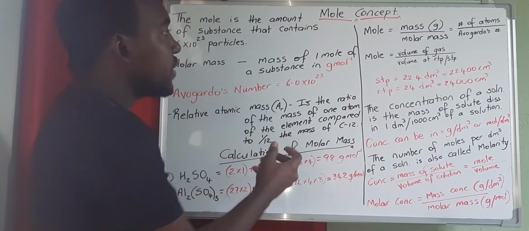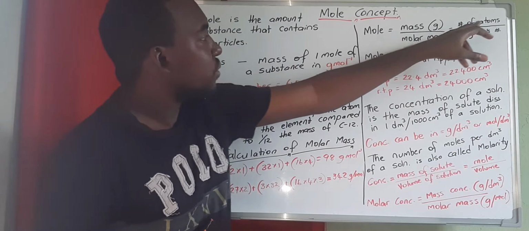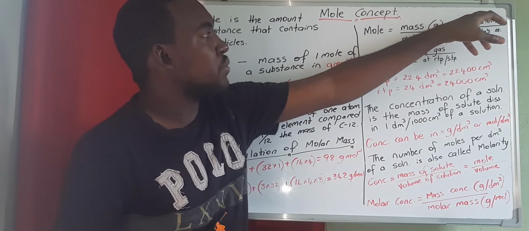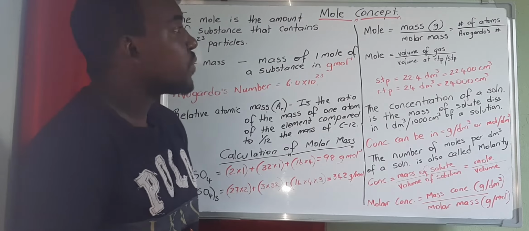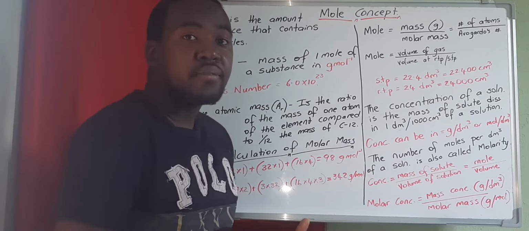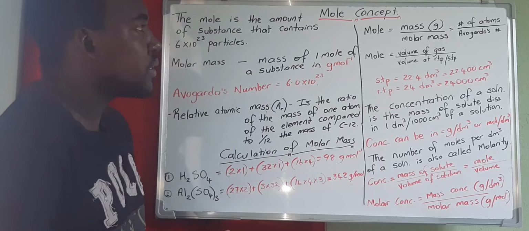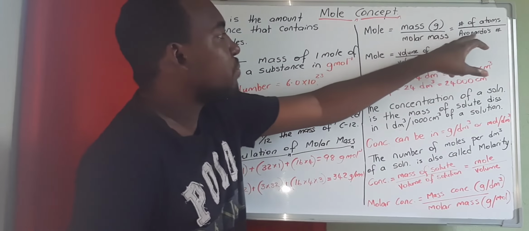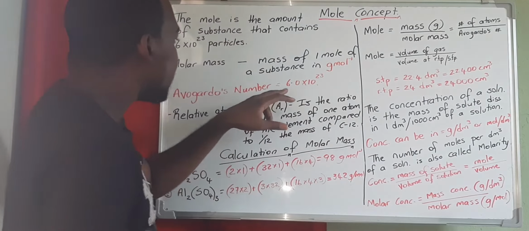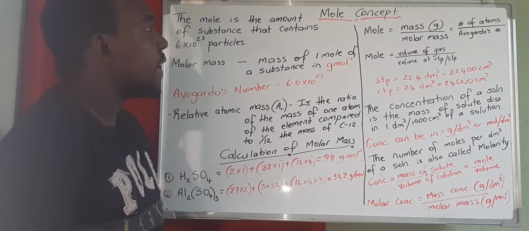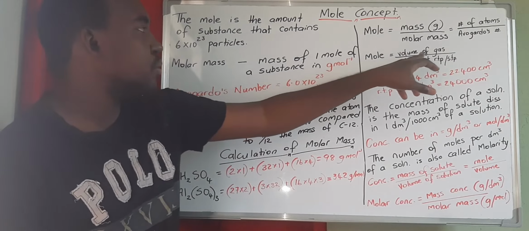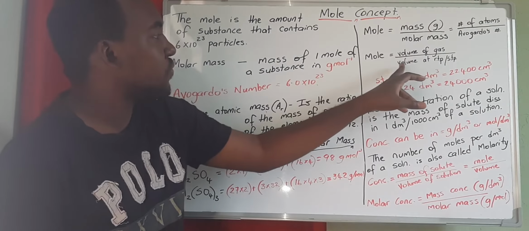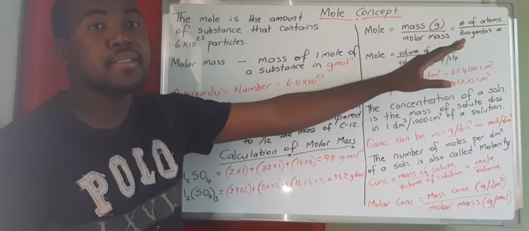Or, if you have the number of atoms, molecules, or electrons, we divide by Avogadro's number, which is 6 times 10 to the 23, and we get the number of moles. And we have mole is equal to volume of gas over volume at RTP or STP.